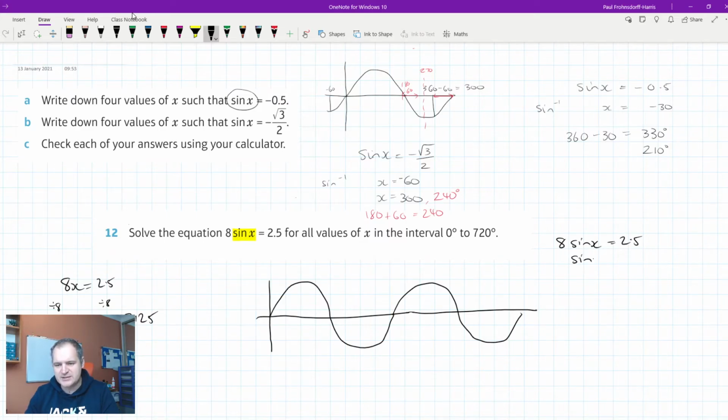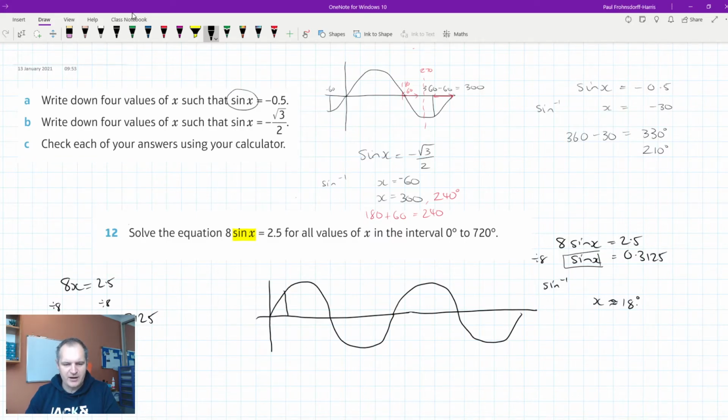Therefore sine x, we divide by 8, sine x equals 0.3125. Now I'm ready to do my inverse sine. I can only do it once I've got a single sin. I can't do it with 8 sin. So I get x equals sin to the minus 1 of the answer, and it gives me 18.2 degrees. I'm going to round that to 18 degrees because it's approximately 18 degrees.